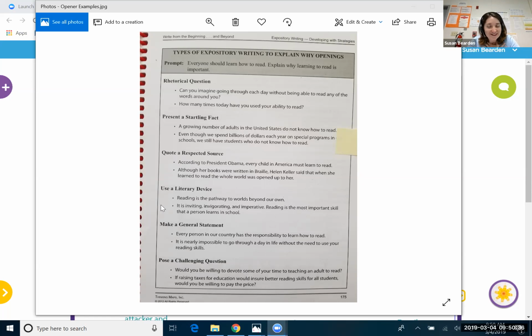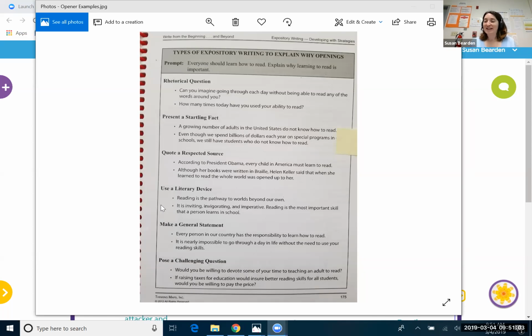I love using literary devices, and this is something that you find embedded in your curriculum. If you're taking an English class, you're going to see quite a few literary devices being taught to you. You probably learned a bunch in the past but may not remember them or what they're called. Your teachers would delight in an opportunity to share some literary devices with you, so feel free to ask them.